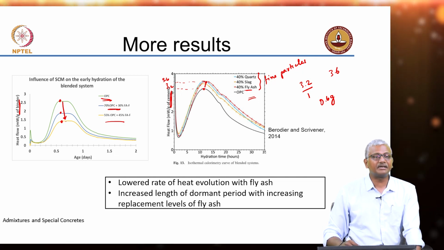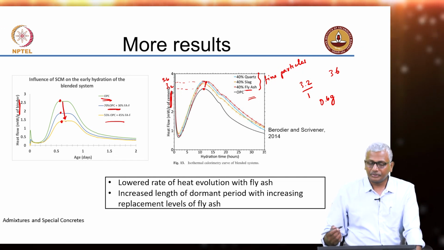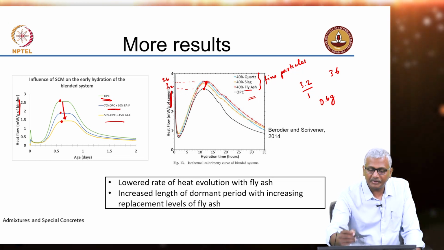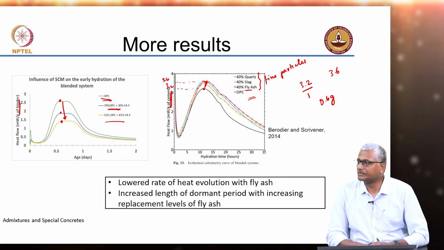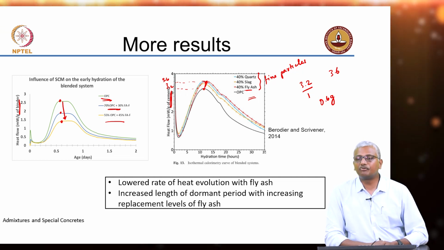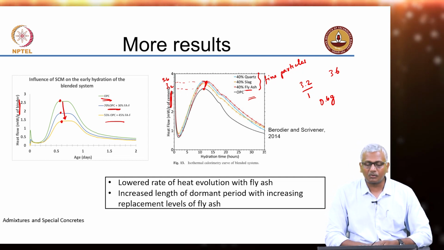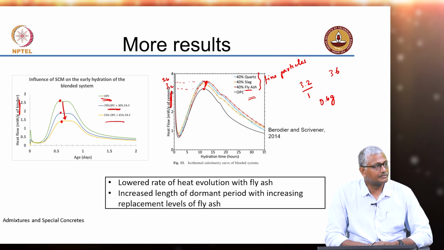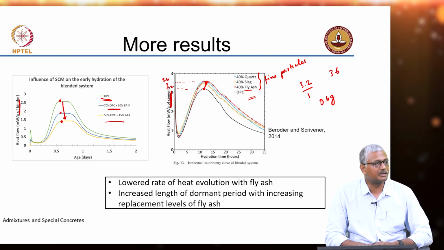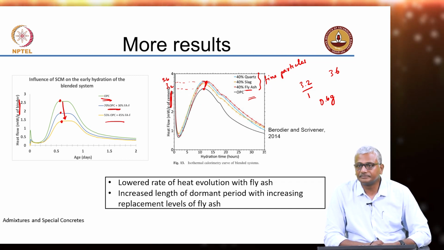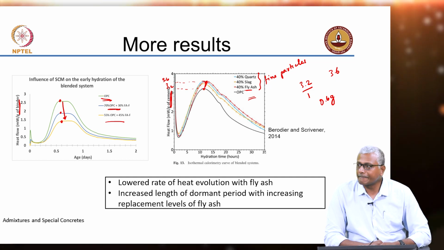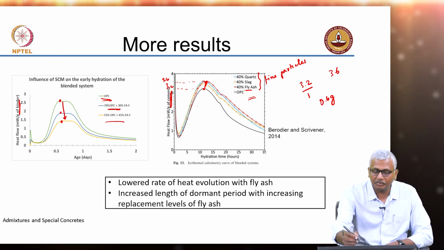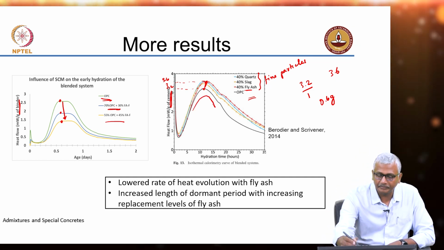But when you are presenting it in terms of gram of cement, your peak heat rate appears higher. In reality, if you present this in terms of gram of binder, what will you observe? If you present this result in terms of per gram of binder, you will probably see the peak somewhere here.